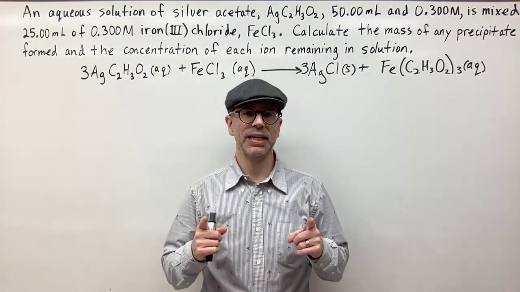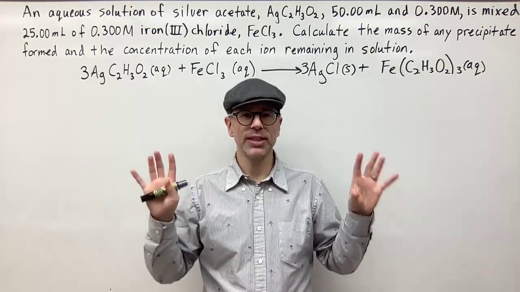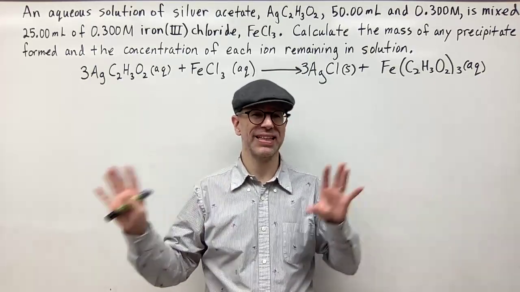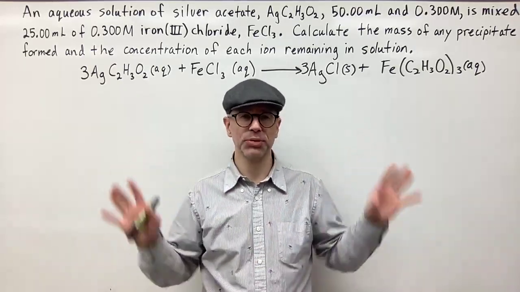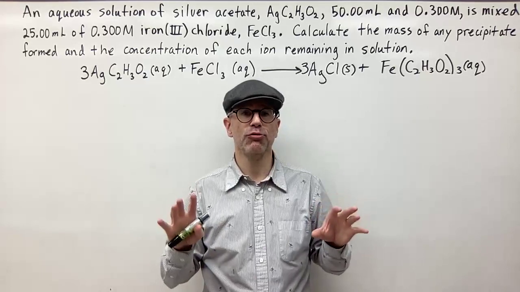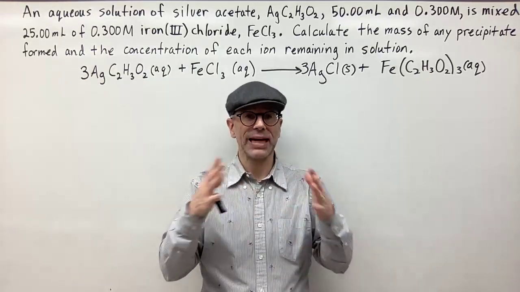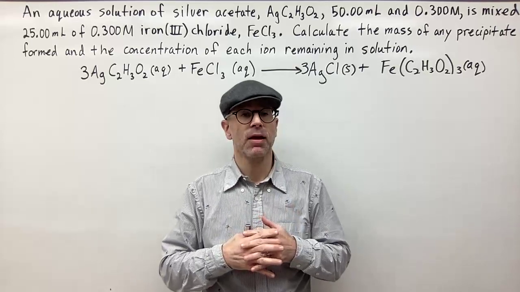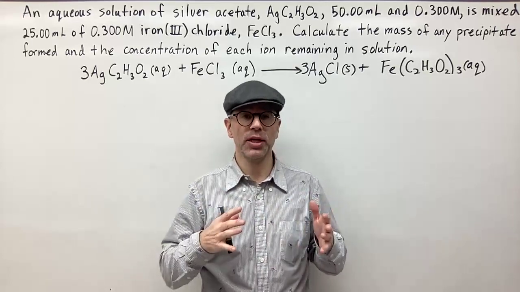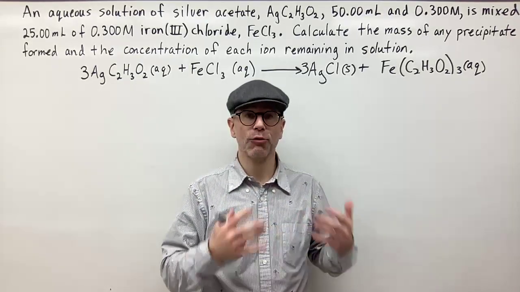Because anytime they give you the amounts of two reactants, and they don't tell you that one is in excess of the other or it reacts to completion or anything like that, then you don't know what the limiting reagent is. You don't know that they're going to react completely together, right? So we have to determine which one of these reactants is going to run out first.